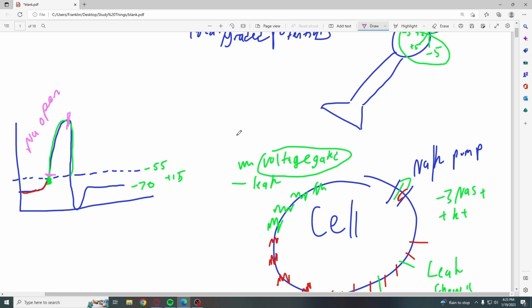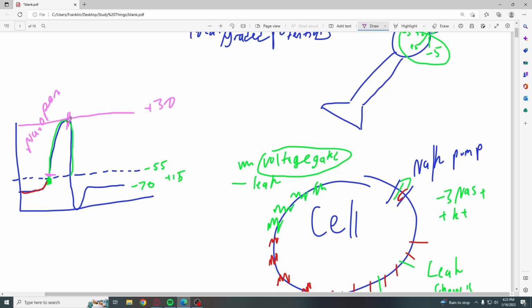And that means a ton of positive ions are coming in, and so that will increase the charge to make it a positive number, up to around positive 30.